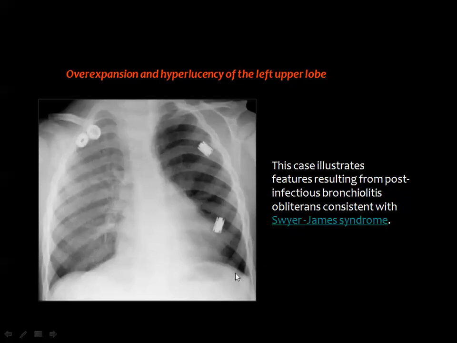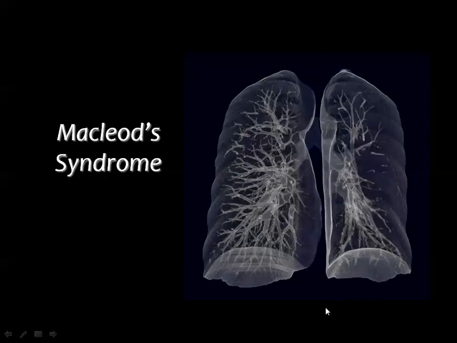And here you see that this lung is relatively hypertranslucent compared to this one, and the vascular markings on the left side are scanty. Then you consider that this lung is abnormal, and this is the 3D reformatted image showing the pulmonary vasculature and the bronchial distribution in a patient with McLeod syndrome on the left lung, and you can appreciate the decreased vascular markings on the affected left side.